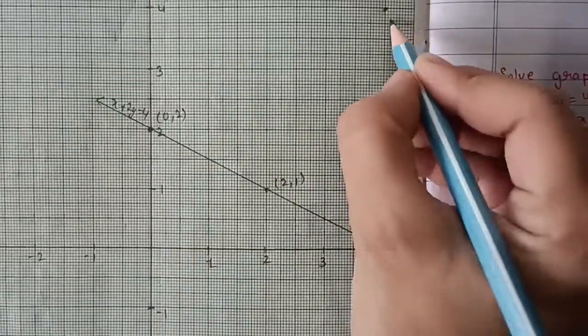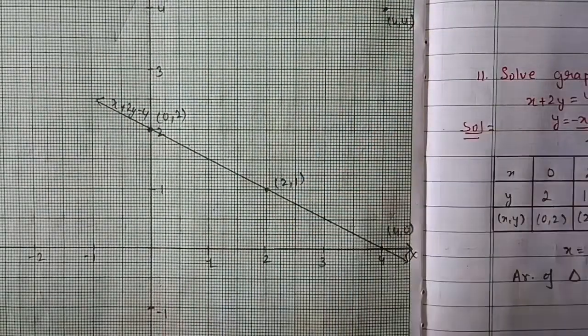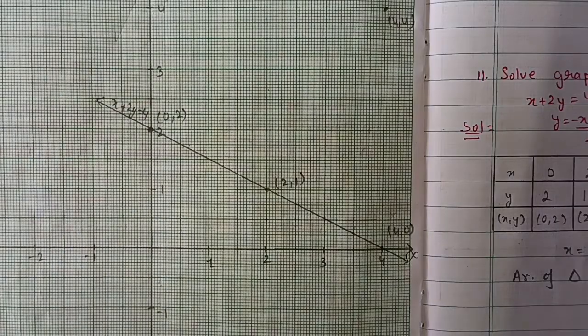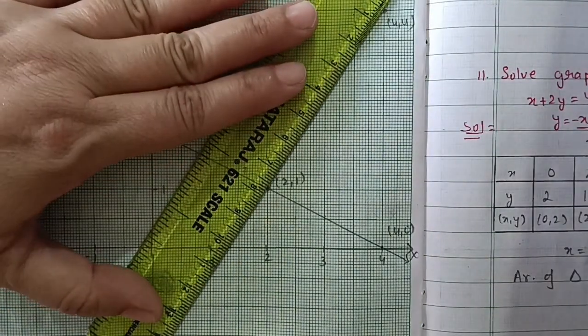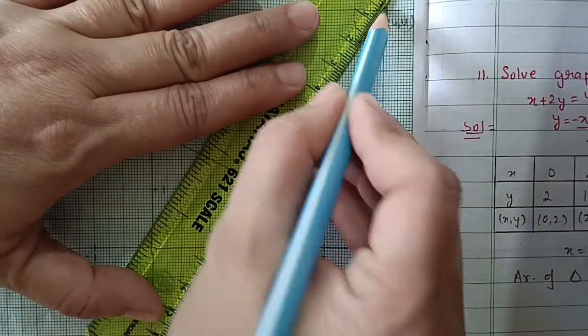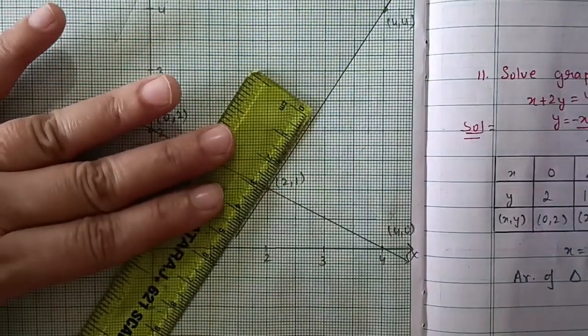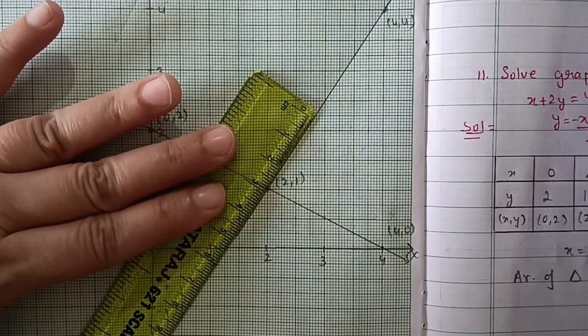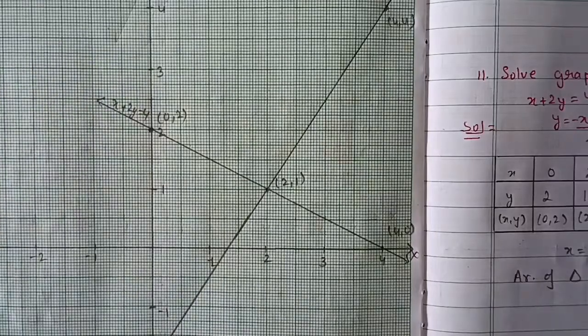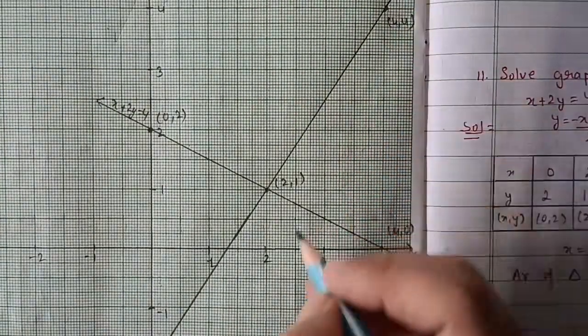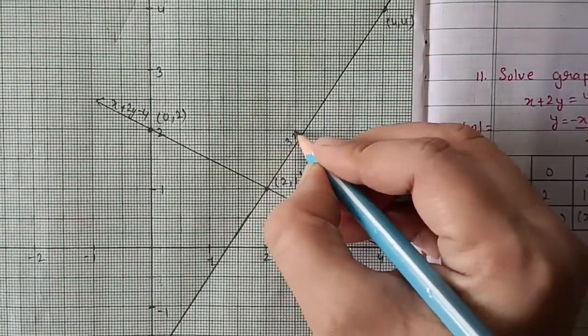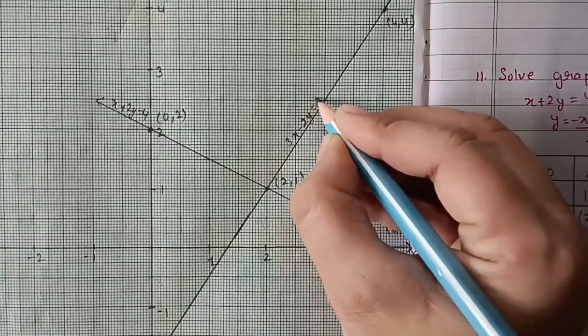Join these 3 points. And this is for 3x minus 2y equal to 4.